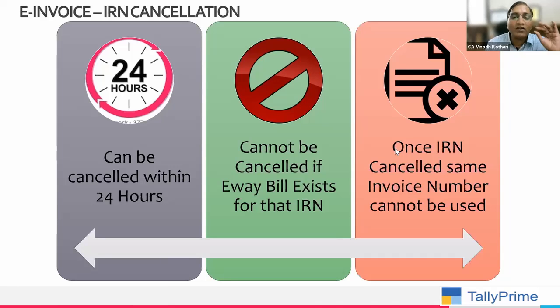If you are giving only an advance receipt voucher, then in the final case, when you generate an invoice, at that time you have to generate an e-invoice. And how to cancel: there is only one cancellation method, which we are going to see. If you cancel within that limit, that is okay. But after that limit, if you want to cancel, then you have to issue a credit note only, right?